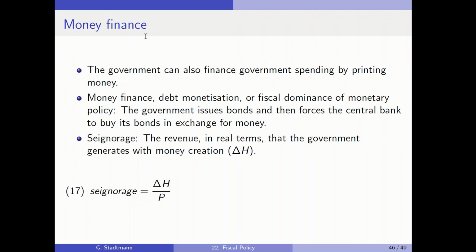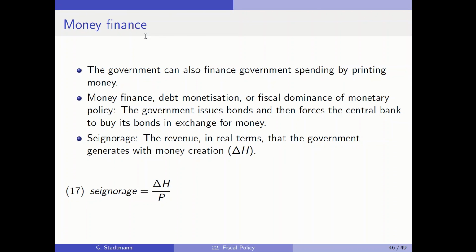So the government will not directly start printing money, but it comes in the following form. The government issues government bonds and then forces the central bank to buy these bonds in exchange for money. So it's still the central bank which is printing money, giving this money to the government, and the government will issue government bonds.